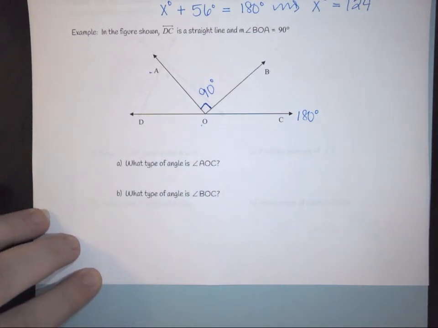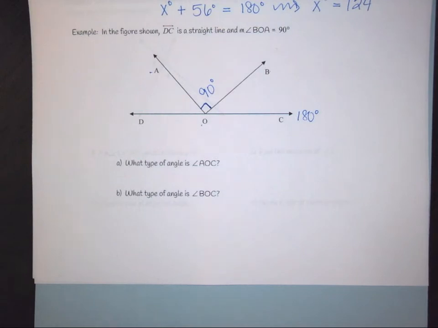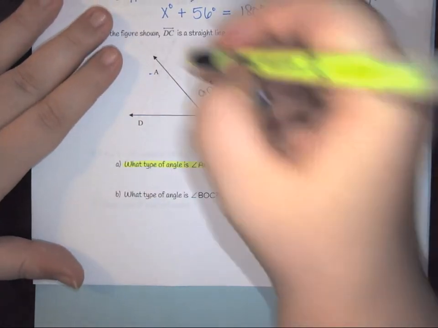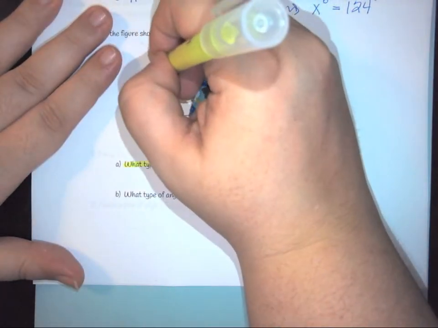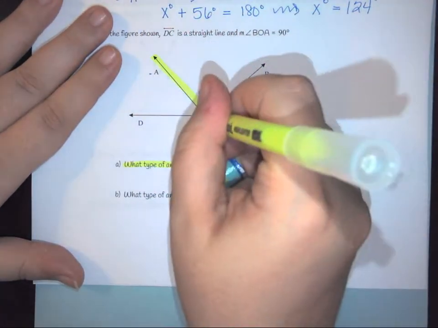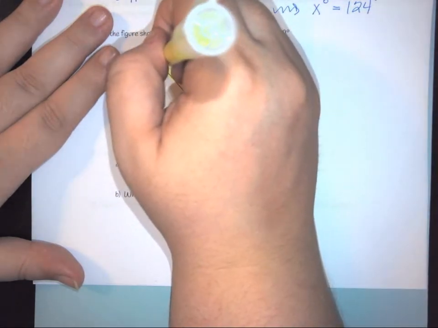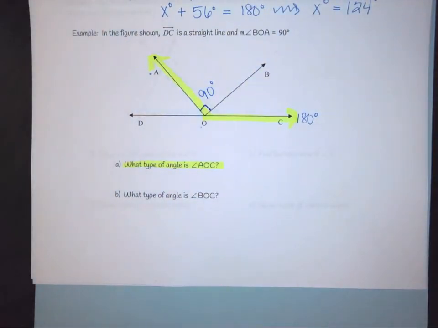So we're looking at A down to O over to C. So this is the angle that we are paying attention to. And all it wants to know is the type of angle that you see.